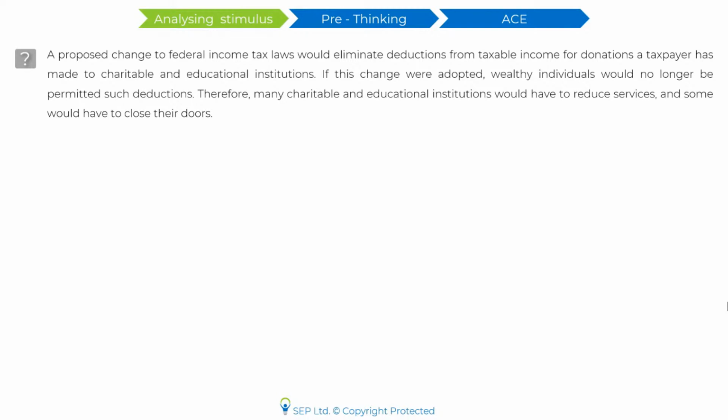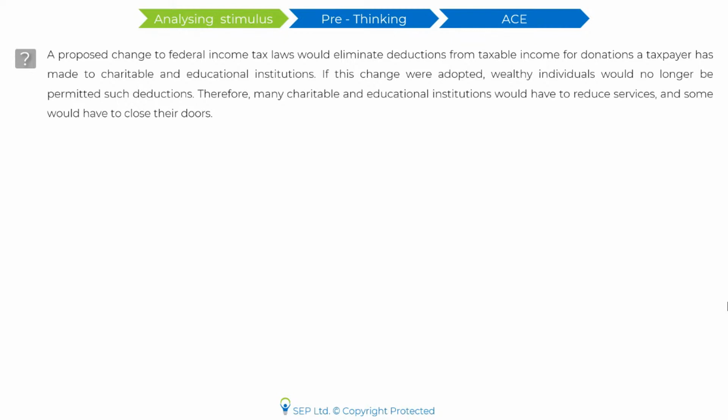Taxable income is the income on which I am going to pay taxes. This change is going to take away some kind of deductions from the income on which I pay taxes, which means my taxable income is now not going to be less, it's going to be more.